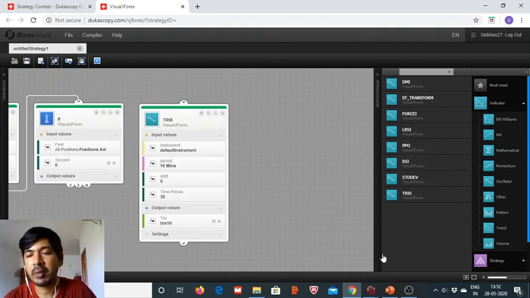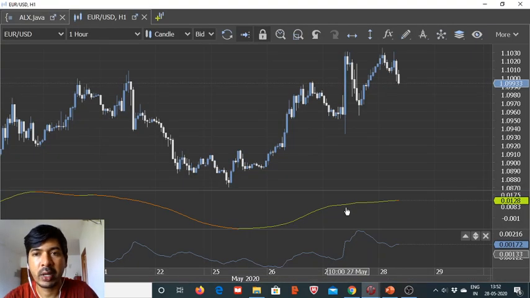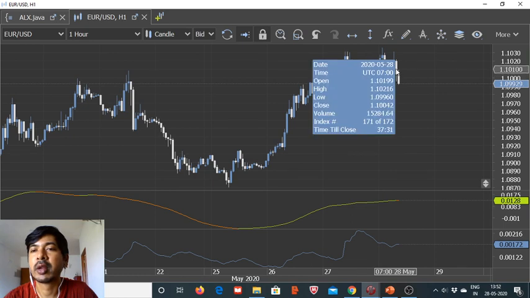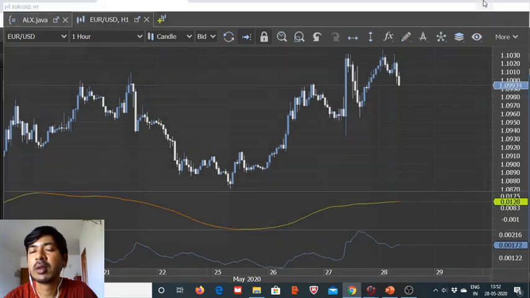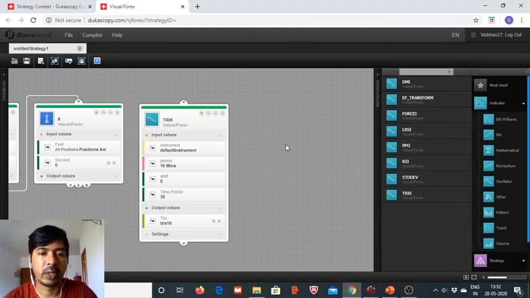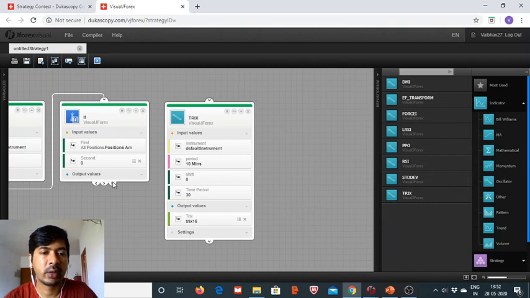On the hourly time frame, we will be needing to compare last hour's TRIX value to the value 4 hours back. That means both these TRIX blocks will have 3 candles in between, 3 bars in between. So we have to define it accordingly.